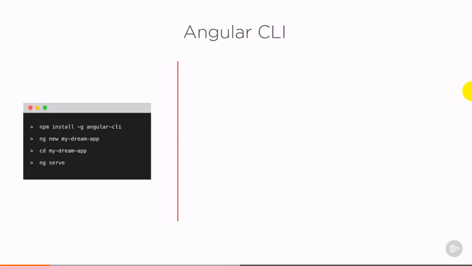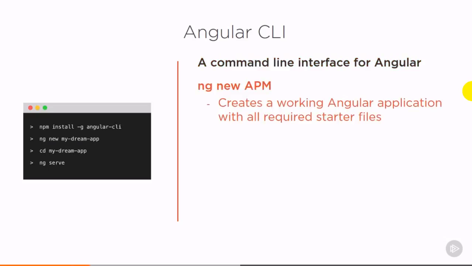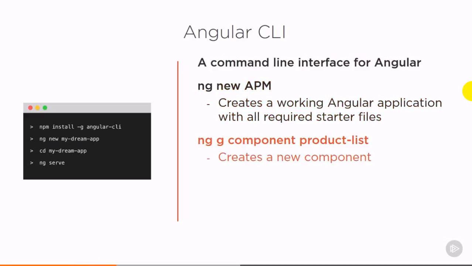But as you start to build your application, you may want to use the Angular CLI, or command line interface. The Angular CLI can generate the pieces of our application for us. With simple command line syntax, we can create a working Angular application with all of the required starter files. And we can add components, directives, pipes, services, or Angular modules to that application.